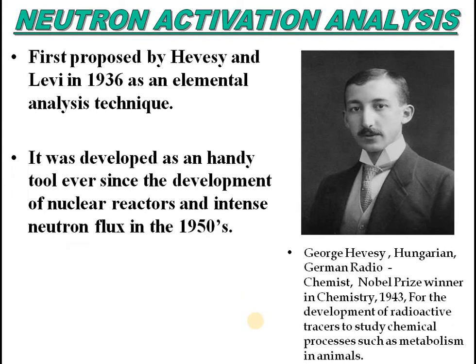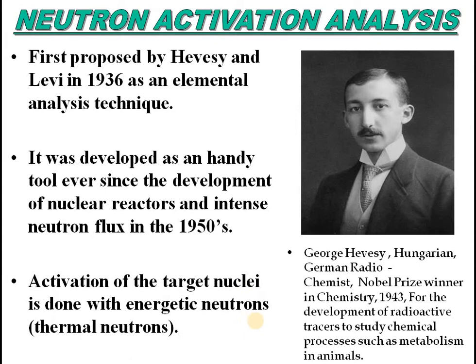Even though it was designed in 1936, the technique was more improved after neutrons became easily available from nuclear reactors. From reactors, by certain reactions, neutrons of requisite energy can be produced. After that, this technique became more handy and more popular.